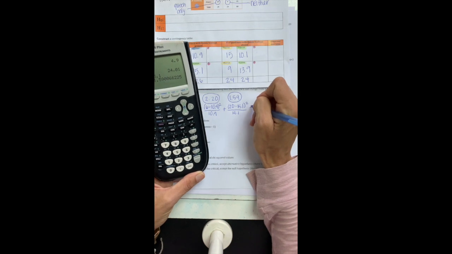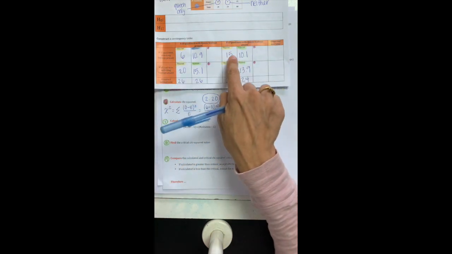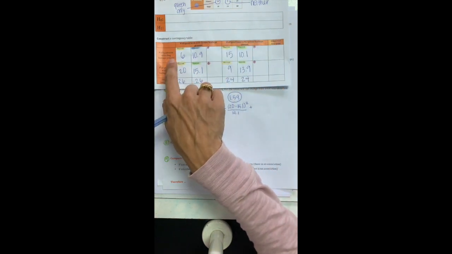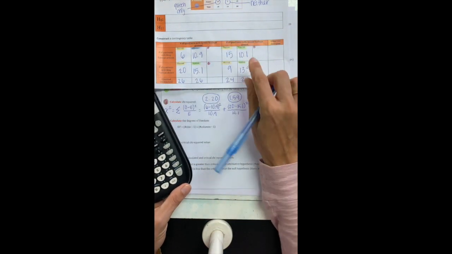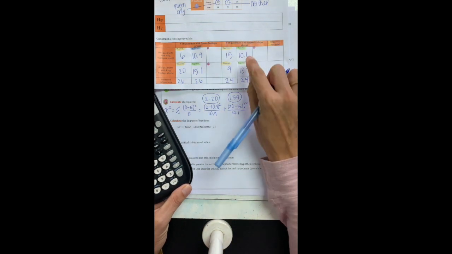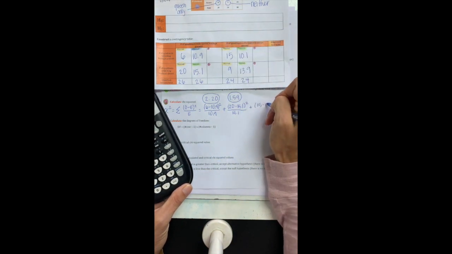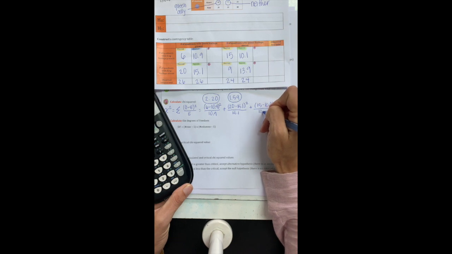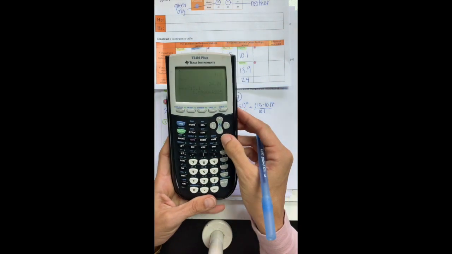Okay. Next one. Let's figure out this right here. So queen's absent versus king's present. First thing you want to do, observed. Observed is 15. So 15 minus our expected, which is 10.1. Square it. Divided by our expected, which is 10.1. Let's figure this one out.